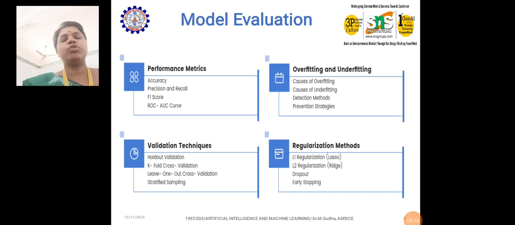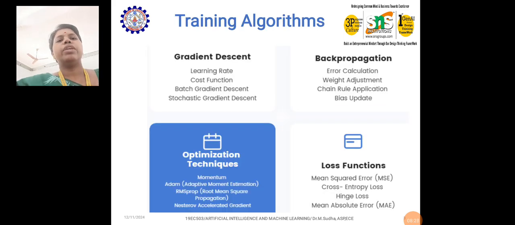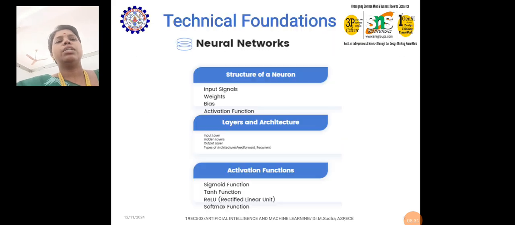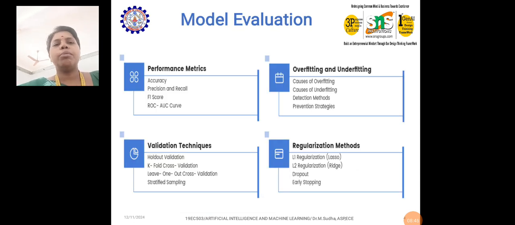Before releasing the final model, the model evaluation is done in the neural network to analyze its effectiveness. So far we have discussed the technical foundations of neural networks: the structure of neuron layers and architecture, activation functions, and training algorithms, the main metrics to consider while choosing the training algorithm, and how the model is going to be evaluated. We discussed the main parameters in detail here.